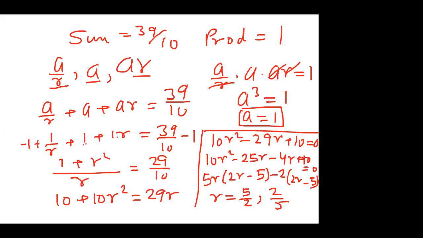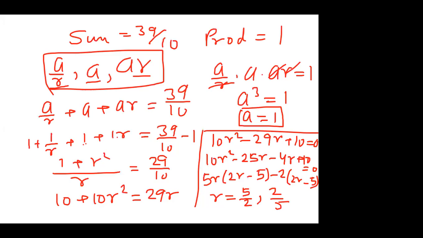Now we need to put the value of A and R into the three missing terms of the geometric progression. A is 1 and R is 2 by 5 or 5 by 2. This I am putting in the next slide.